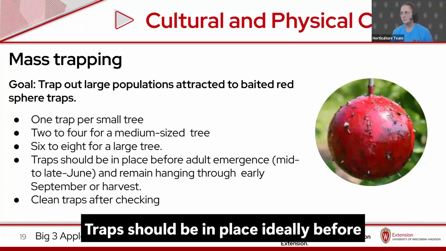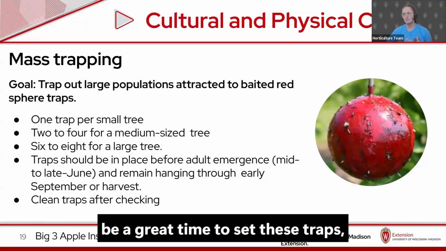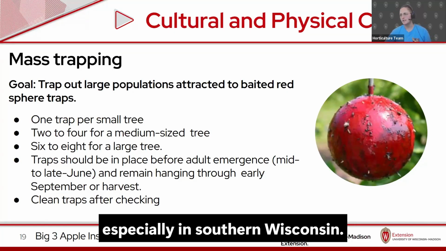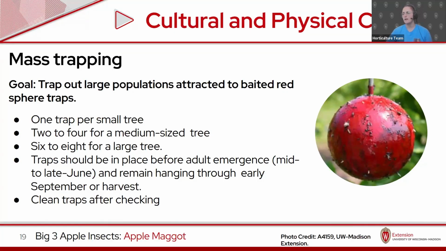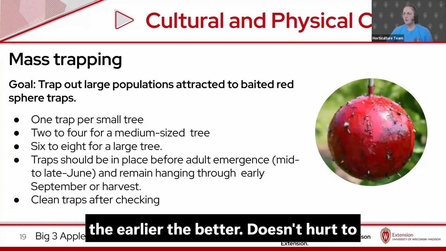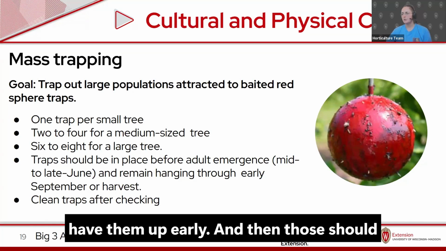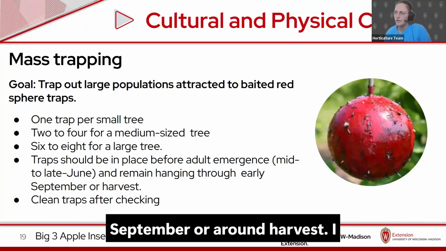Traps should be in place ideally before adult emergence. So right now would be a great time to set these traps, especially in southern Wisconsin. Otherwise, in the next week or so for areas further north. I think the earlier the better. It doesn't hurt to have them up early. Those should remain hanging through early September or around harvest.